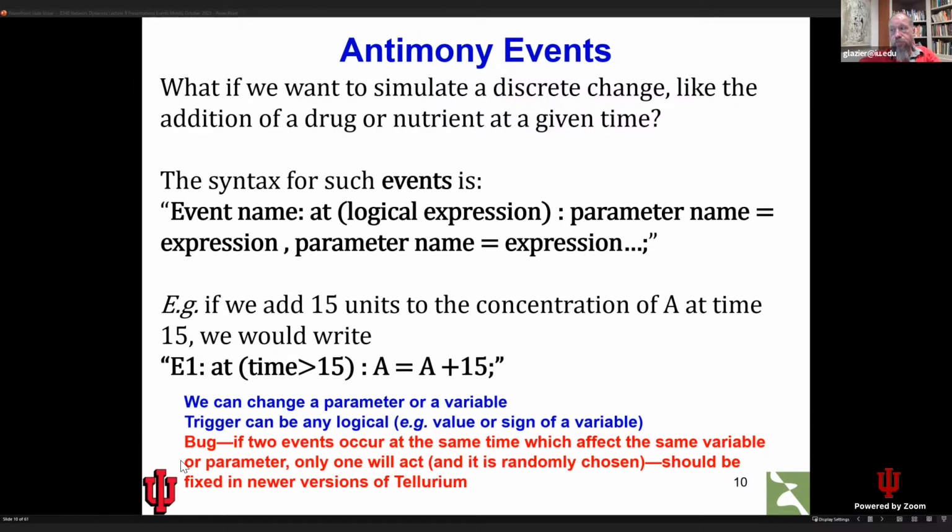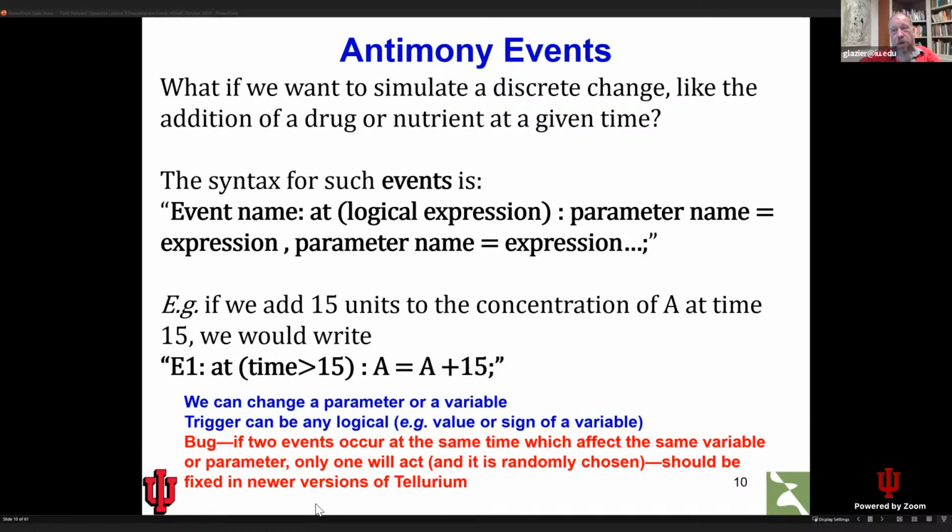Now, there was a bug in Antimony, or actually in Tellurium, that I don't know if it's fixed or not, which is if you have two events occur at exactly the same time, and they affect exactly the same variable, only one of them happens.